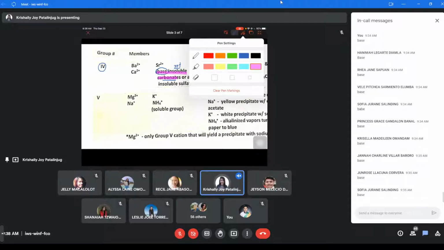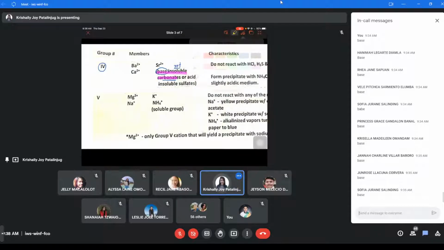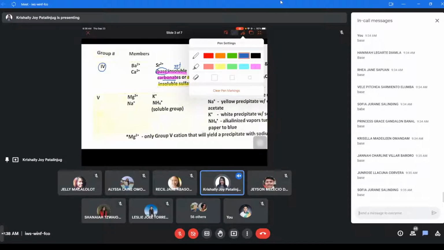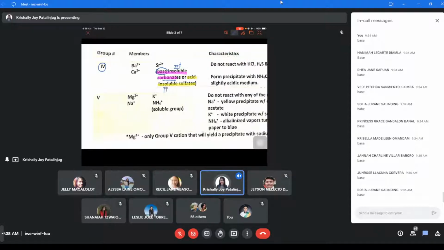Or they are also known as acid-insoluble sulfates. So kapag acid-insoluble sulfates naman, ibig sabihin, they form a precipitate in the presence of a sulfate compound at an acidic environment. Based on their general name lang, malalaman mo kung kailan natin sila pwedeng ma-separate out in a solution. Kailangan lang natin ng carbonate at a basic environment or a sulfate at an acidic environment.